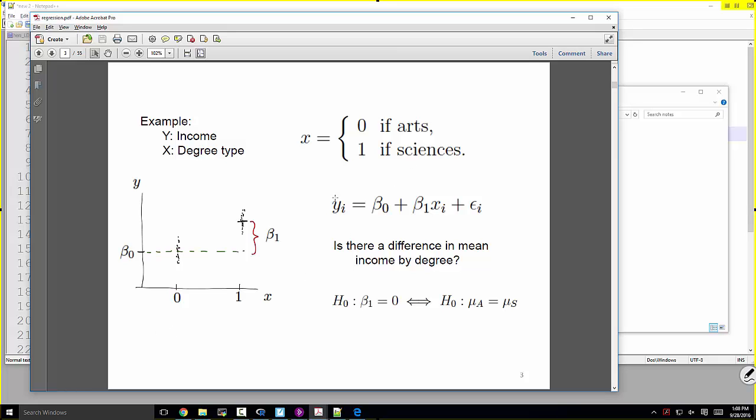It is, in fact, equivalent to doing a two-sample t-test to write this in this form. The response for individual i is an intercept plus a, quote, slope times x plus random error. What this means is the mean of y when x equals 0 is beta 0. And the mean of y when x equals 1 is beta 0 plus beta 1. I'll write this down real quick.